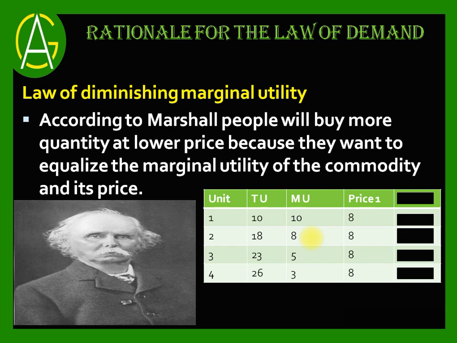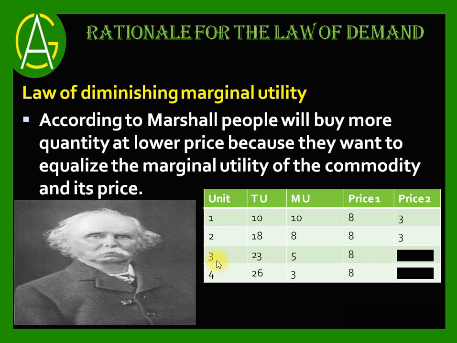price of 8 rupees, marginal utility and price are equal. But now let us assume that the price of this product has fallen. It has become 3. So at the price of 3 rupees, when he purchases the first unit, he gets satisfaction of 10, so he is in a benefit of 7. If he purchases the second unit, again the satisfaction is 8, the price is 3, he is in a benefit of 5.